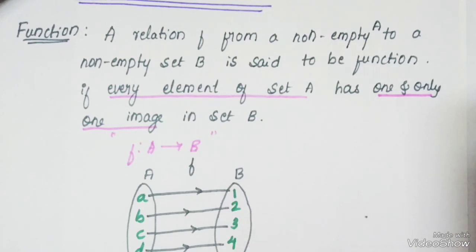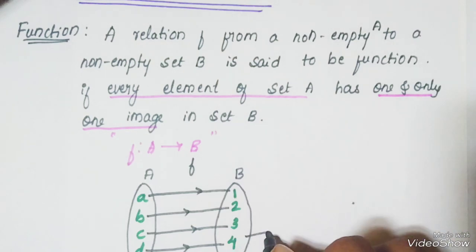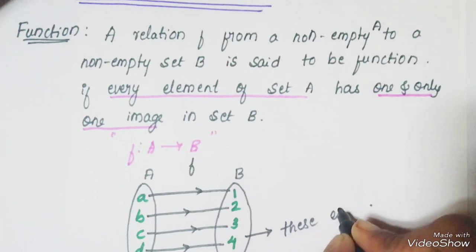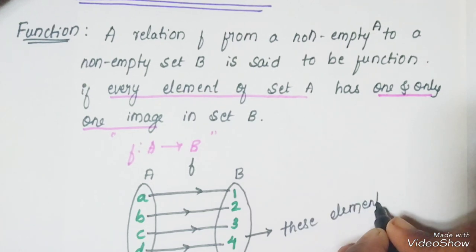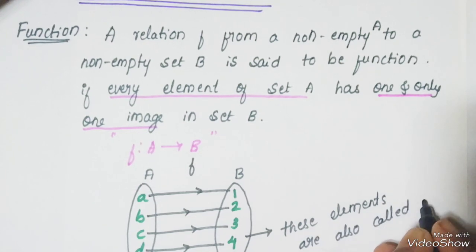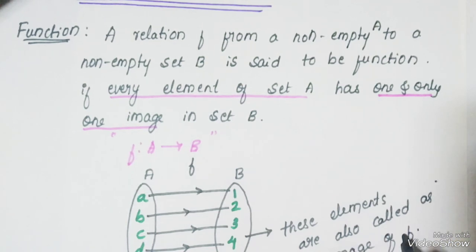Here the elements of the codomain that are related are called images. These elements are called the image under f, because there exists a function.